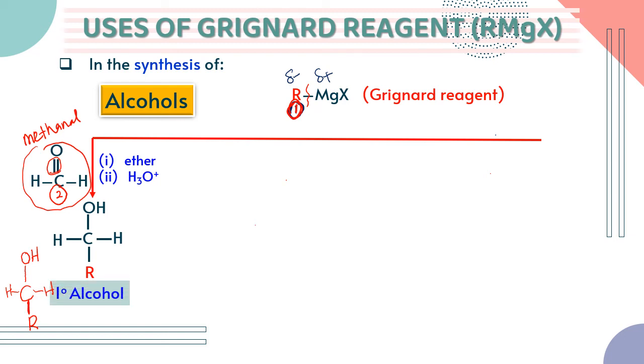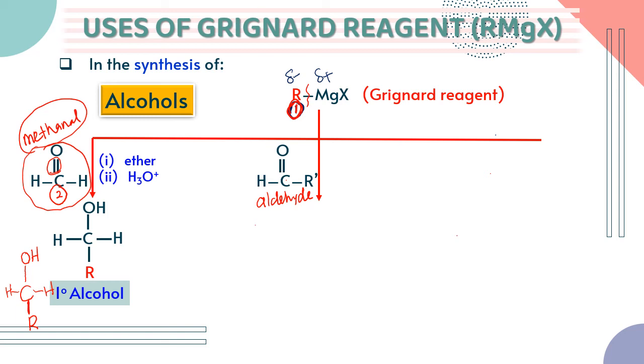Next, if you want to produce a secondary alcohol, we need to use an aldehyde, any aldehyde besides methanal. Methanal is also an aldehyde, a one-carbon aldehyde. So for a secondary alcohol, use an aldehyde starting from ethanal.